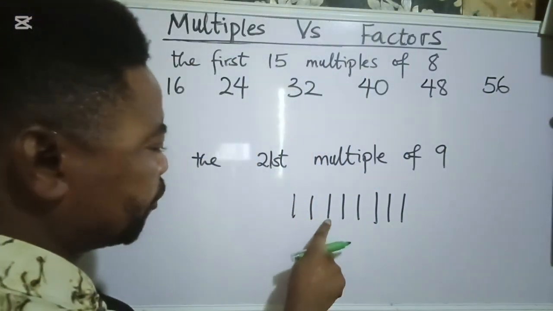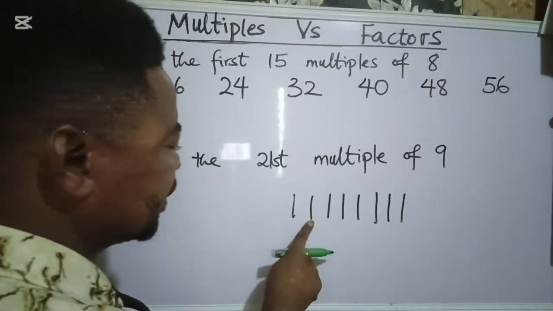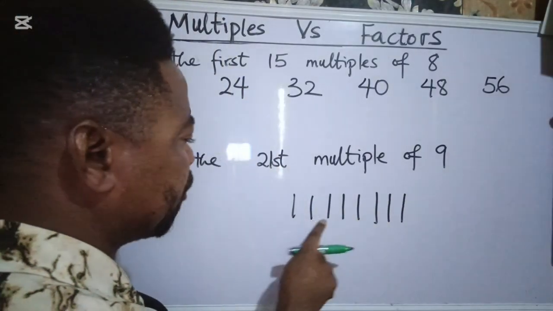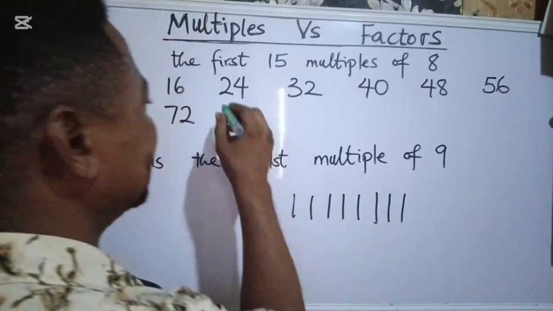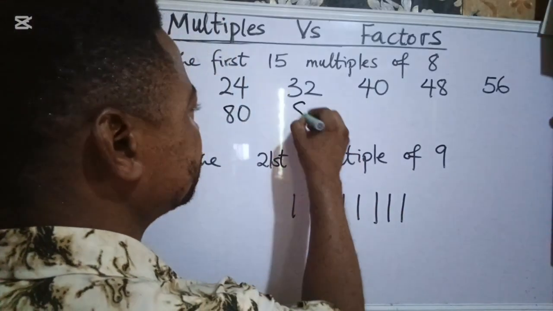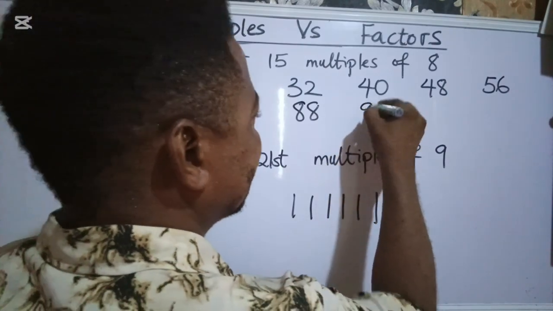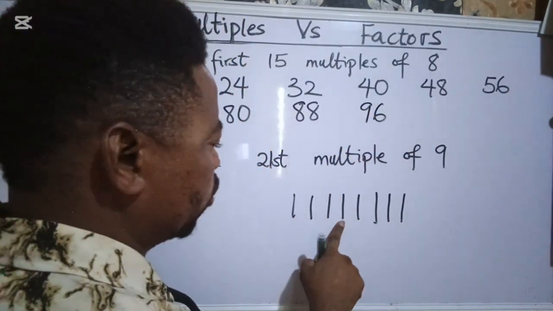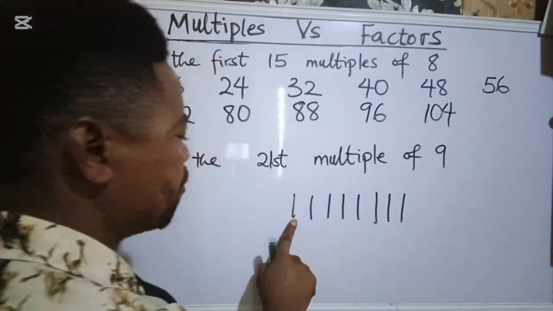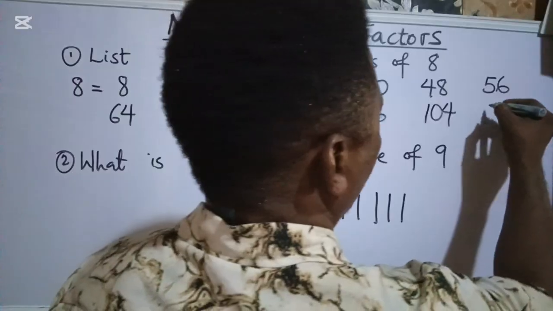57 58 59 60 61 62 63 64, 65 66 67 68 69 70 71 72, 73 74 75 76 77 78 79 80, 81 82 83 84 85 86 87 88, 89 90 91 92 93 94 95 96, 97 98 99 100 101 102 103 104, 105 106 107 108 109 110 111 112.